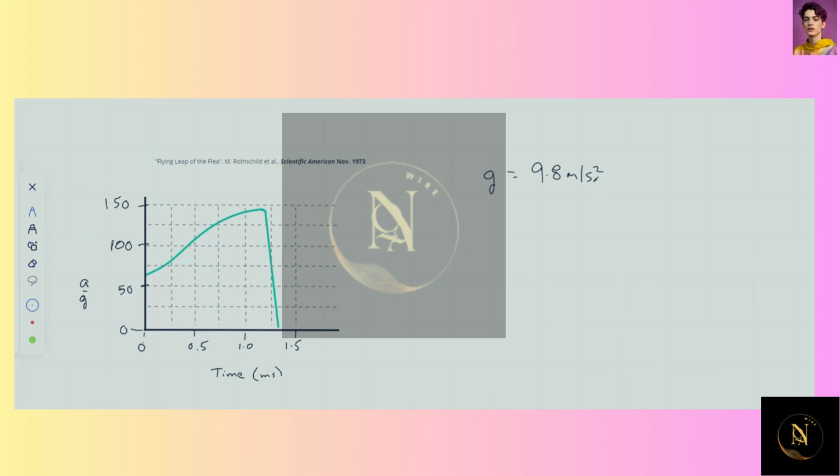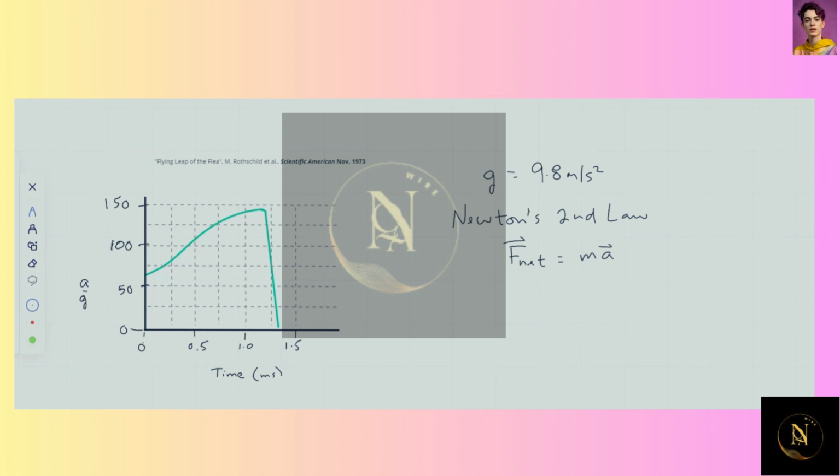And how we're going to be answering some of the questions is we will need Newton's second law of motion, which says that the net force acting on an object is its mass times its acceleration. Ordinarily, that would be a vector relationship. We are told, however, that this flea jumped pretty much vertically straight up.